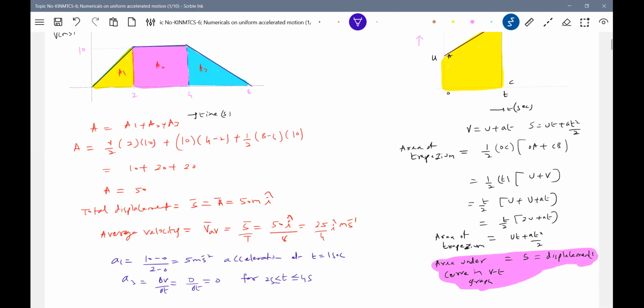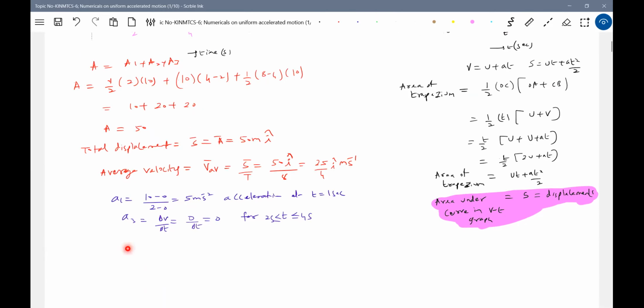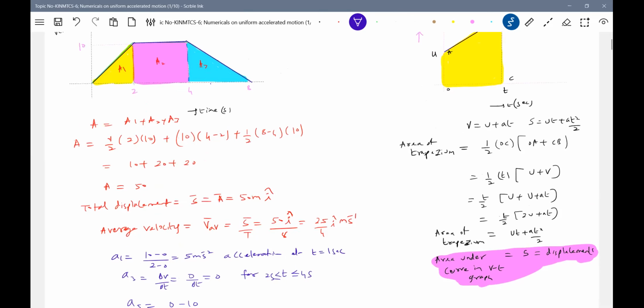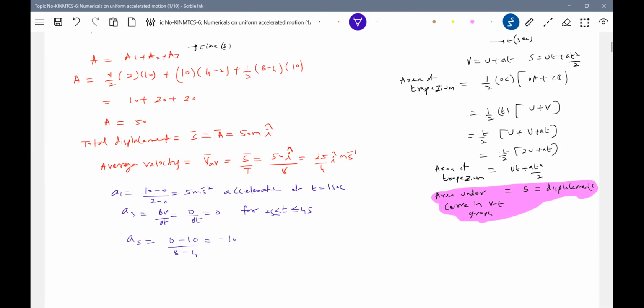Similarly, I want the acceleration at say 5 or 6 or 7 or 8 seconds, anywhere in this region. Uniform retardation it is. So the slope has to be calculated. So it should be equal to 0 minus 10 by 8 minus 4. What do you mean by negative? It will be retardation.